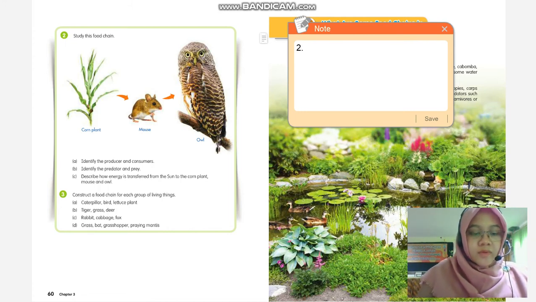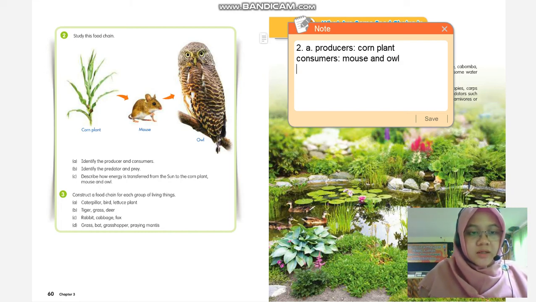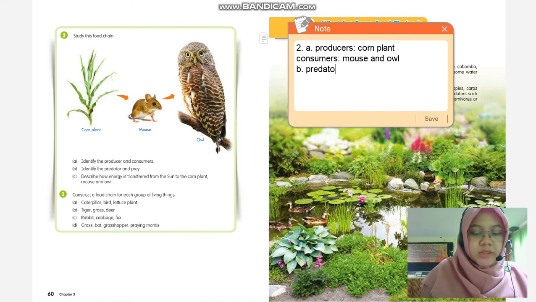Jadi nih, 2A producers itu adalah corn plant, and then consumers itu adalah mouse and owl, and then B predator is owl, and prey is mouse. Good.